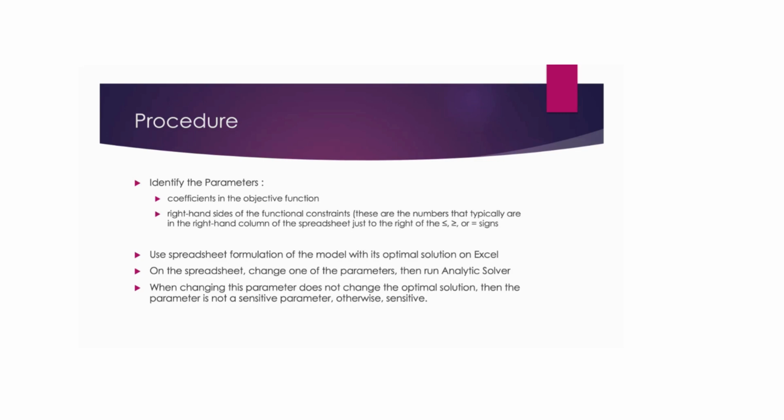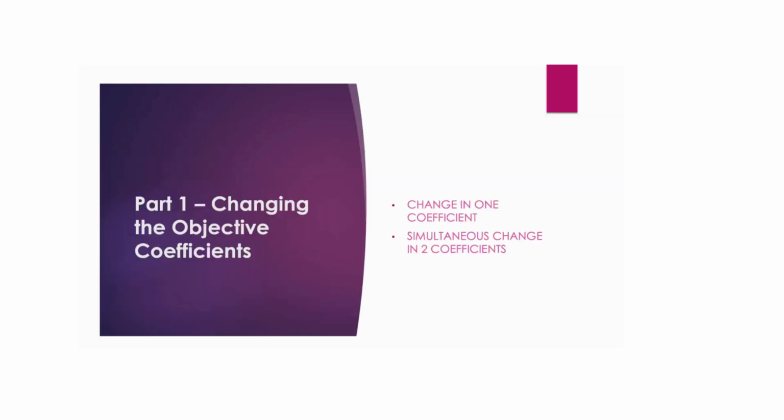The important thing is for you to identify the parameters, and then you're going to change one parameter at a time, and then you need to record whatever the optimal solution is.